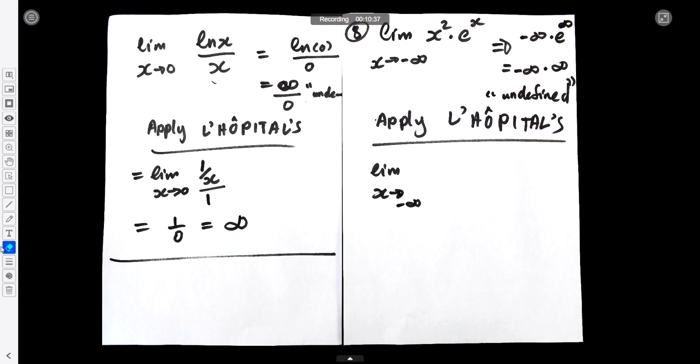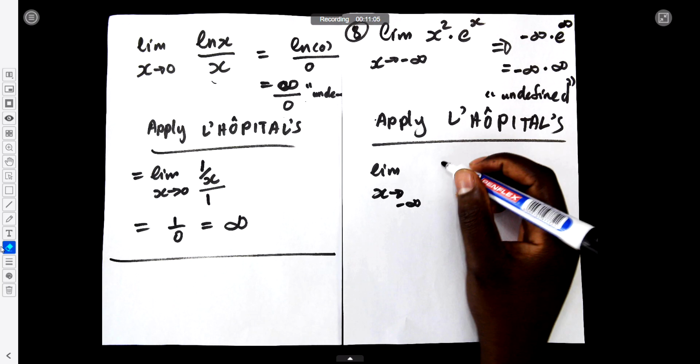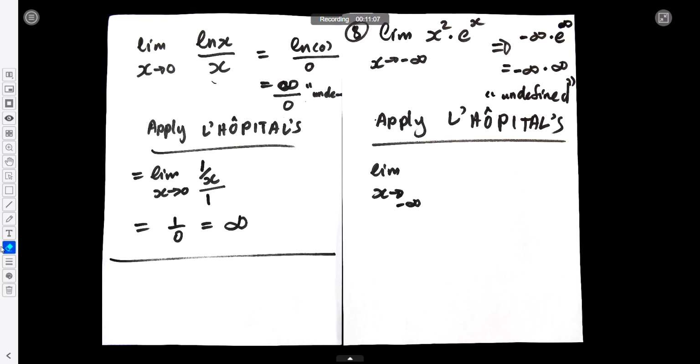We have to make sure we have a fraction. Here you need to choose.